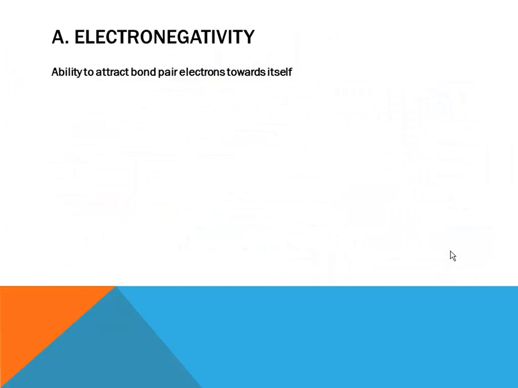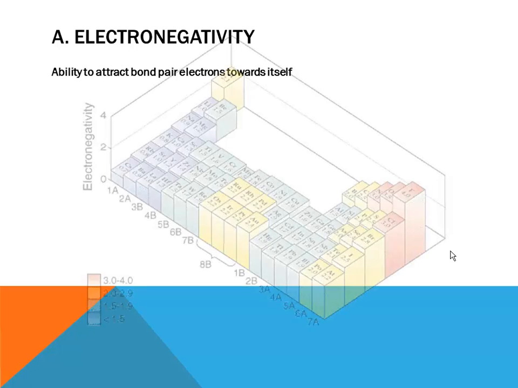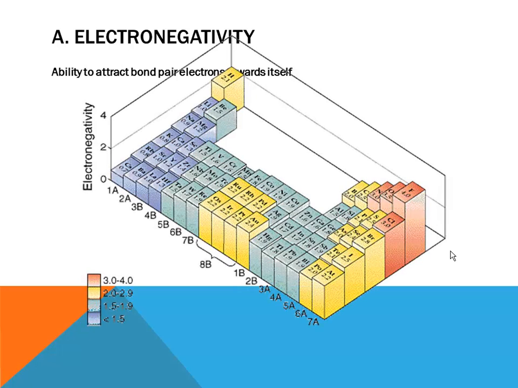So, the ability to attract a bond is electronegativity, which basically helps determine what type of intermolecular forces you're dealing with. From this chart, you can see that the red ones, the halogens, oxygen, nitrogen, chlorine, are the highest in electronegativity, meaning they want electrons, which makes sense.